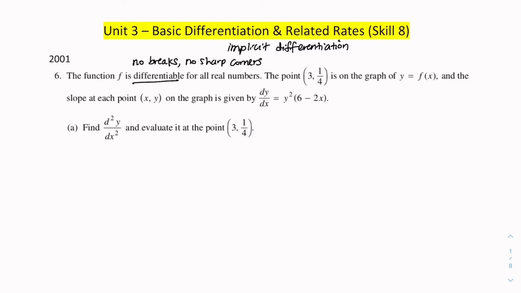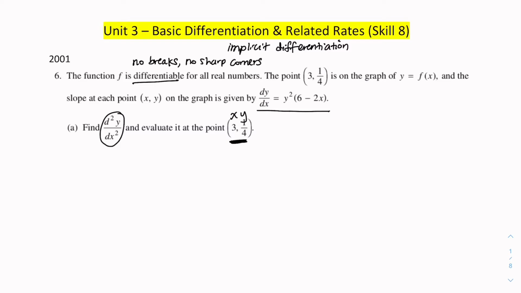Okay, the point (3, 1/4) is on the graph, and the slope at each point is given by the derivative here. So they're already giving me the derivative, and they're asking me now to find the second derivative and then to plug in this point. So we want the second derivative, and then we will evaluate it at this xy coordinate.